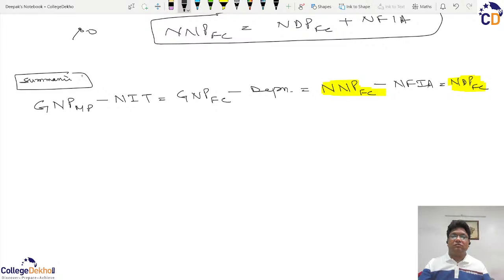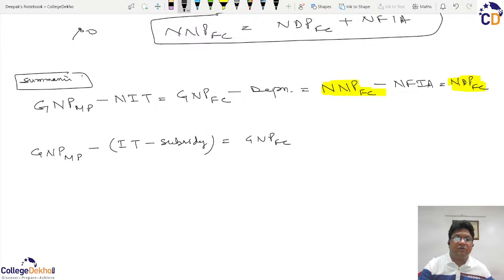So we can write it this way also in a more explanatory note: from GNPMP we subtract net indirect tax, then subtract depreciation, so we get NNPFC, subtract NFIA, then we will arrive at the figure of NDPFC.